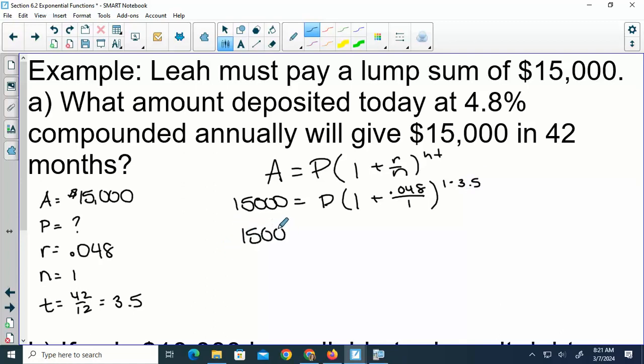You can clean up a little bit. 0.048 divided by 1 is 0.048 plus 1, so 1.048 to the 3.5 power.